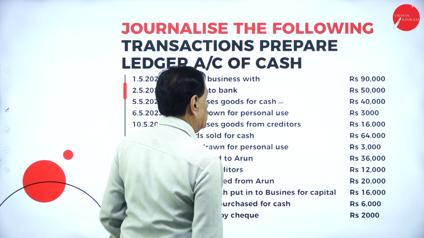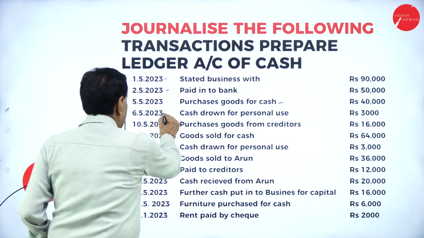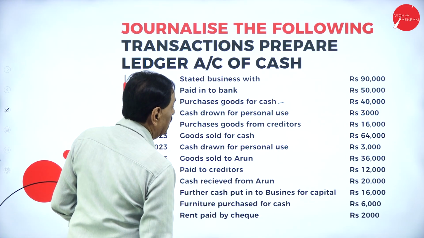Then cash drawn for personal use. Anything drawn for personal use is called drawing. On which date? 6/5. How much money? 3,000.